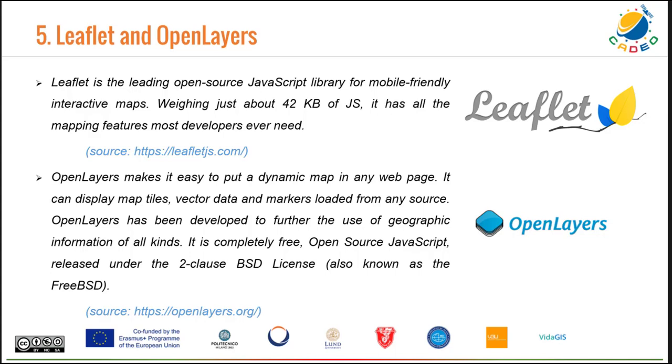The OpenLayers library makes it easy to put a dynamic map in any web page. It can display map tiles, vector data, and markers loaded from any source. OpenLayers has been developed to further the use of geographic information of all kinds. It is completely free, open-source JavaScript, released under the two-clause BSD license, also known as the FreeBSD.